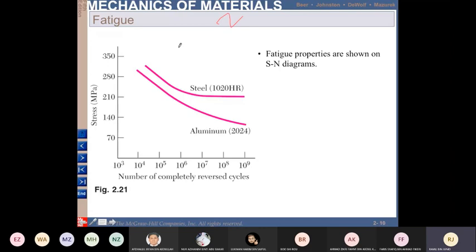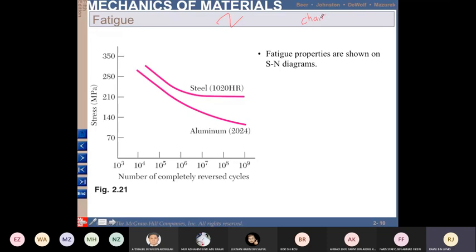Okay, you give load, and then this load is given repeatedly. For example, the application in real life is chair. You have chair, and chair is the thing that we use repeatedly.